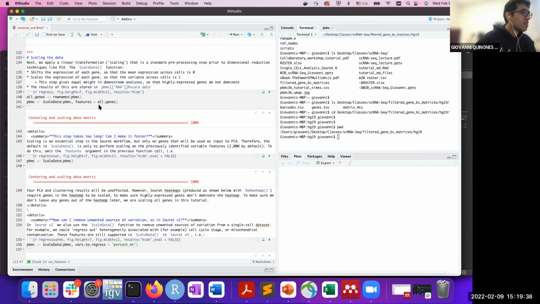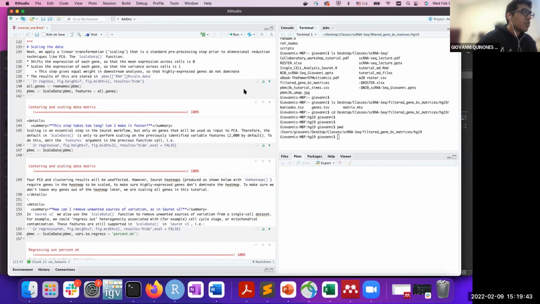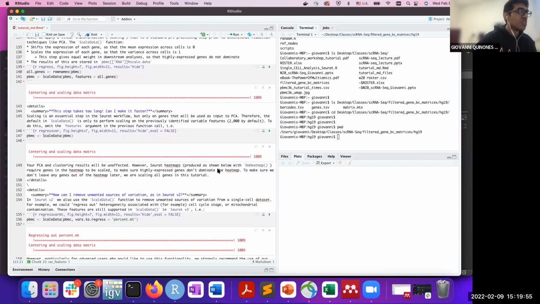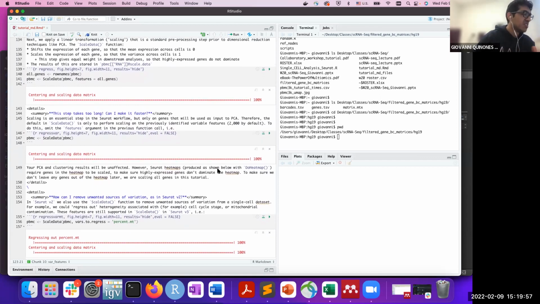Those are the ones we care about from now on. We can run them both, it won't affect anything. But what we want to do at the end of the day is scale the data using only our features of interest, which are the genes that are changing across cells.